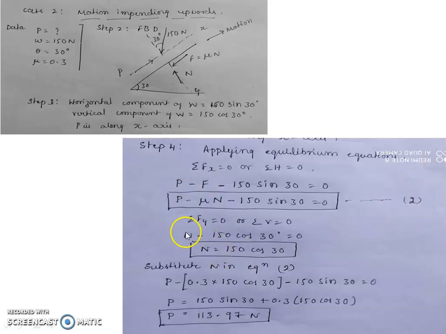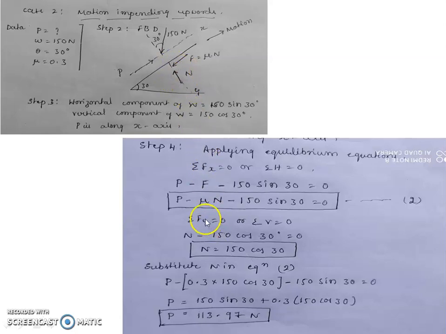Okay, similarly consider forces along the y direction is equal to 0, or sigma V is equal to 0. What are the vertical forces acting here? Sigma F in y direction. One is this N. N is acting along the y plane and it is upward like this.